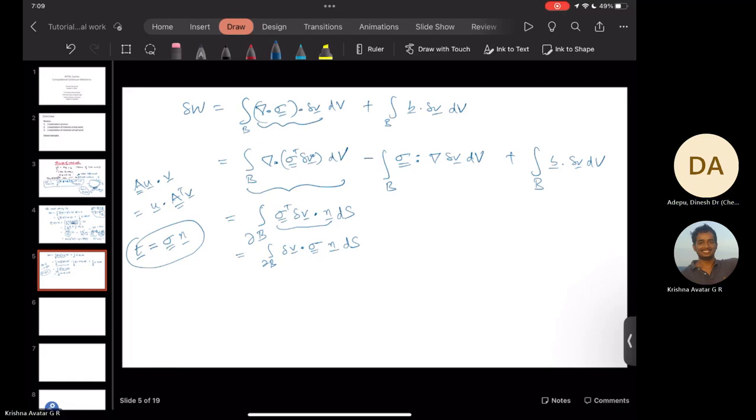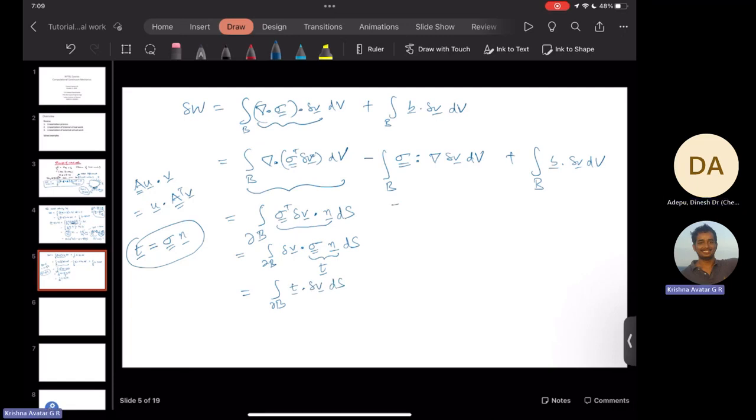Now you'll clearly see that over the surface, it's only traction which can act. And since A dot B is the same as B dot A, we can just have T dot del V ds.